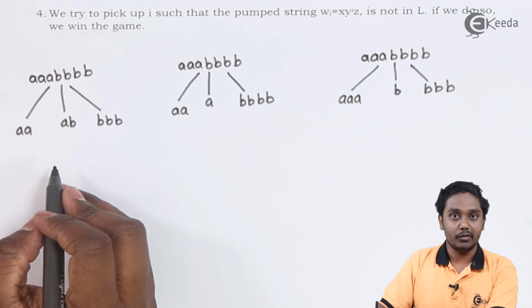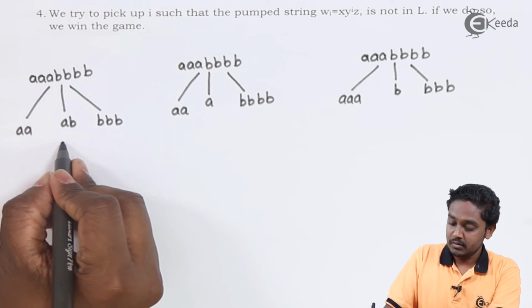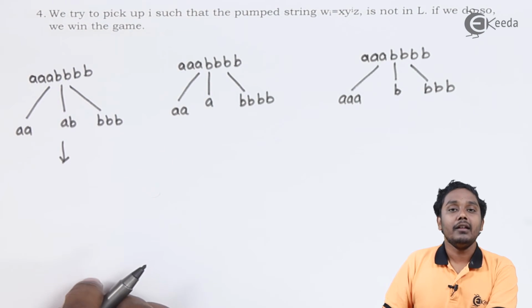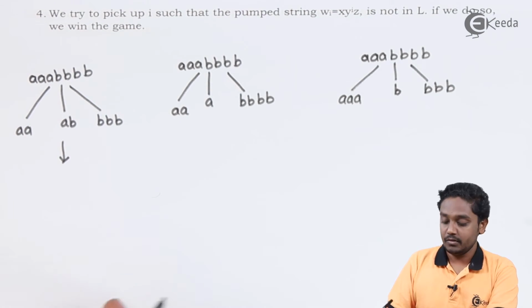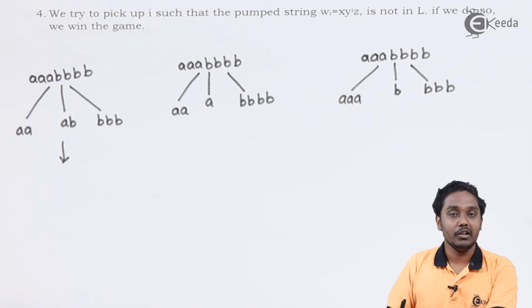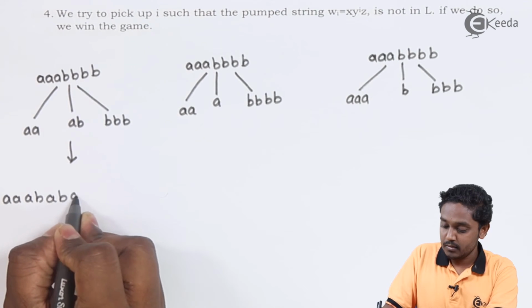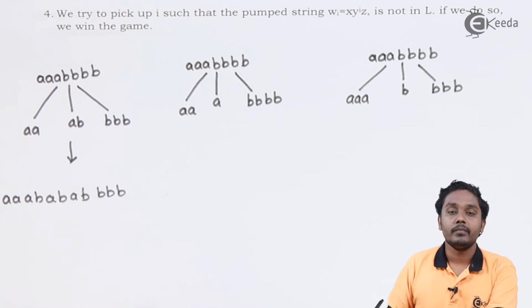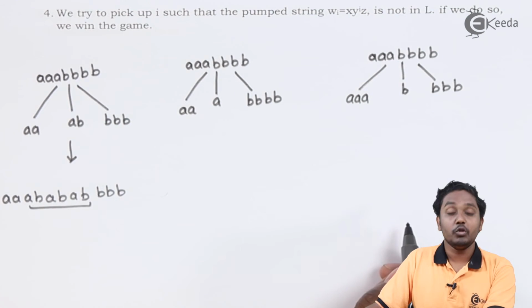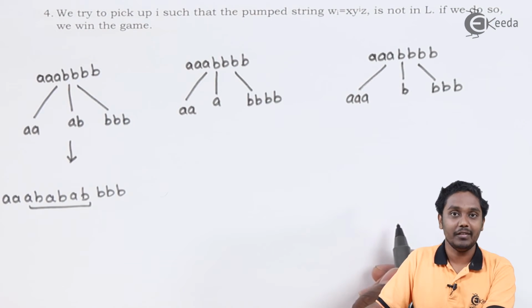In the first one, let us say we are pumping it 3 times. Then what will be the string generated in the first case? You will see that this particular string does not belong to the language that we selected.